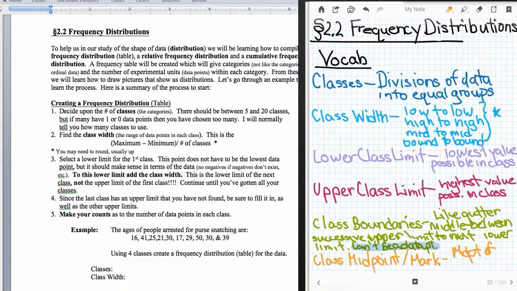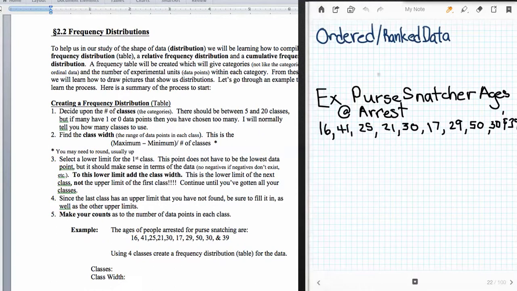So this is the midpoint of a class, so it's the exact middle of the class. And these as well, like the class boundaries, may be an actual number that couldn't be a data point. It doesn't matter.